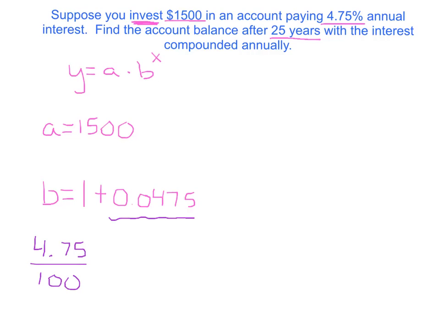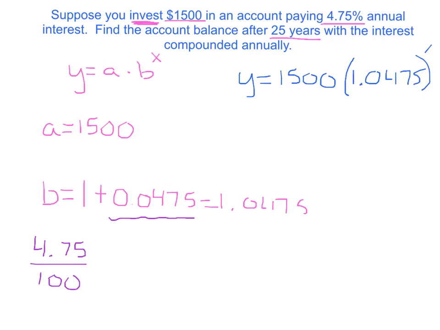So, writing our equation, y equals $1,500 and 0.04. Oh, whoops, I just made a mistake. I forgot to finish adding 1. This should be 1.0475. So in my equation, it needs to be 1.0475 to the power of x.